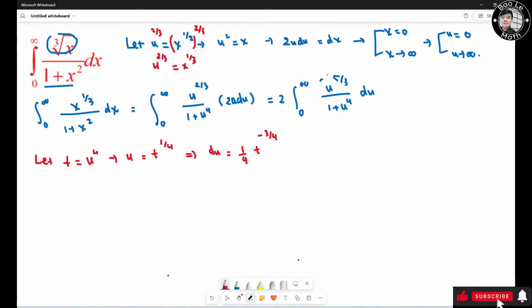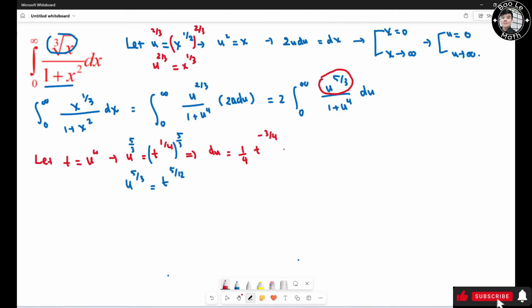Now I need to calculate u to the 5/3, so I need to raise this to the 5/3 on both sides. So I have u to the 5/3 equals t raised to the 5/12.